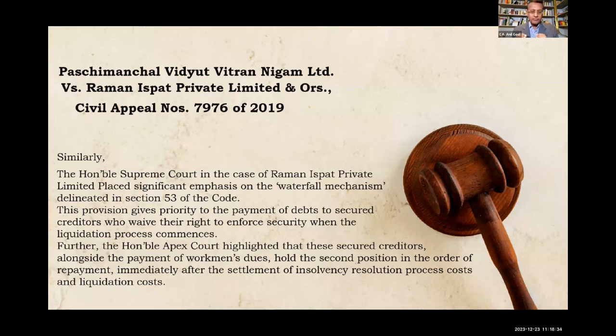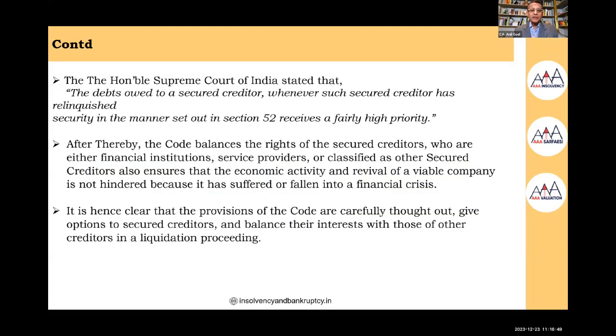The apex court has defined the payment of debt to secured creditors who waive their security interest in favor of the liquidation, and also said that the workmen's dues and the debt owed to a secured creditor, whenever such secured creditor has relinquished security interest, receive a fairly high priority. This is the observation.